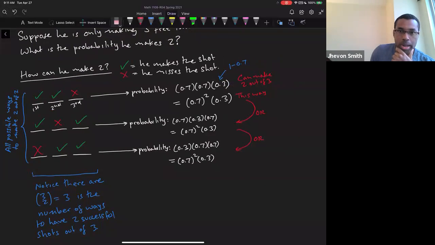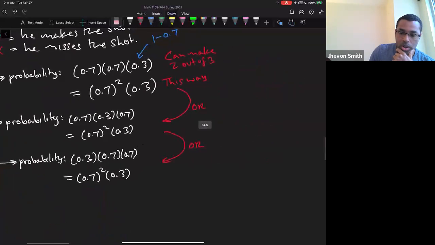Now, what about this part over here? What does this mean? I can get the free throws this way or that way or that way. What would I do with that information?